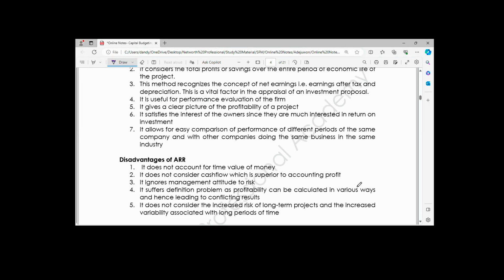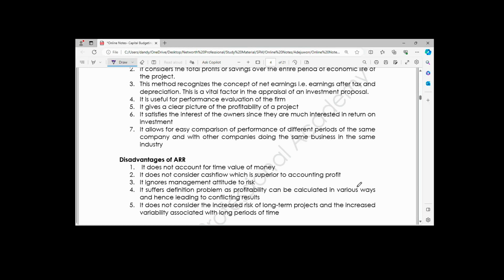I repeat, accounting rate of return is a technique that uses accounting information as shown in the financial statement of a company. The ARR, the accounting rate of return, is a measure of profitability, unlike payback period that measures liquidity.